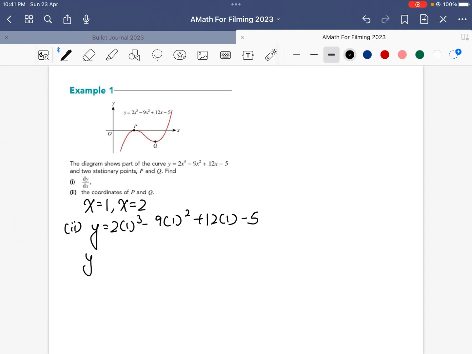And I find that my y value in this case is equal to 0. Therefore, the coordinate of P is (1, 0). Similarly, to find the coordinate of Q, I will substitute in the x value equals 2 into this equation here.